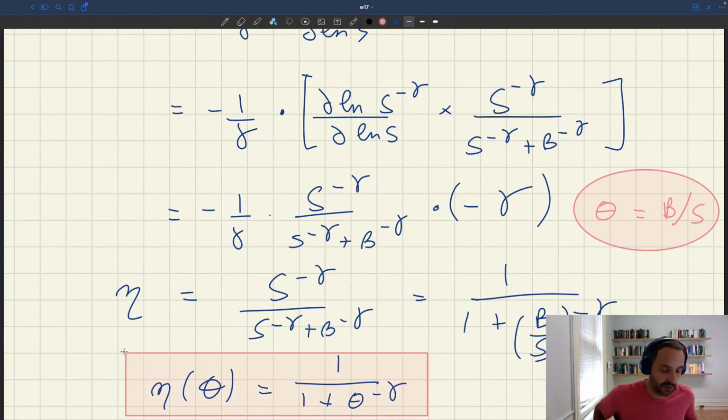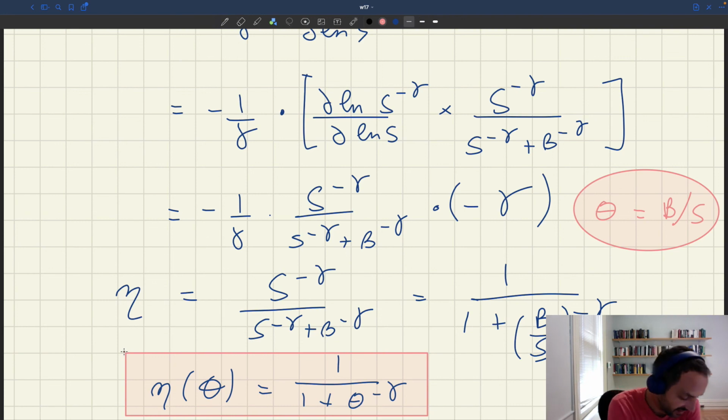And so here in particular, what we can see is that the matching elasticity is going to be an increasing function of tightness. And so when tightness is 0, so theta is 0, theta to the minus gamma is going to be infinite, so the matching elasticity is going to be 0.